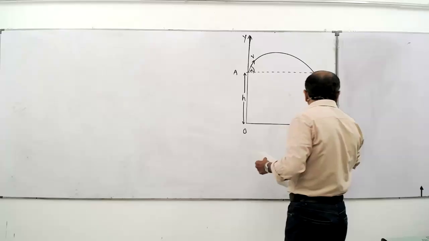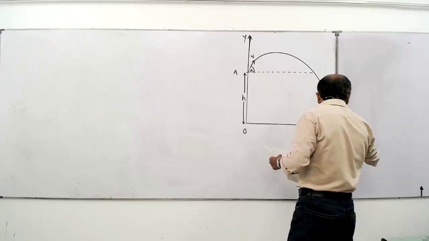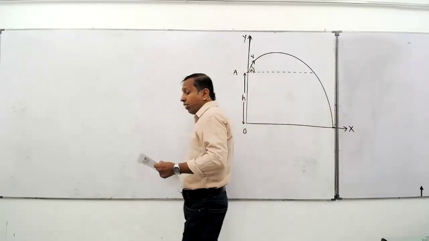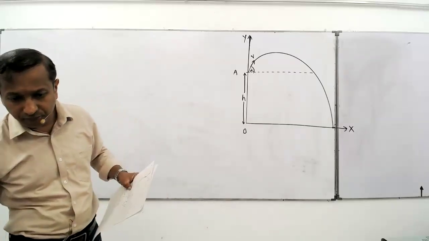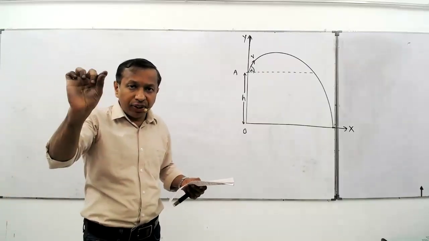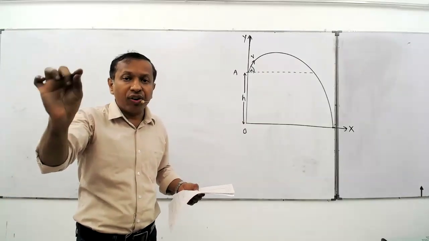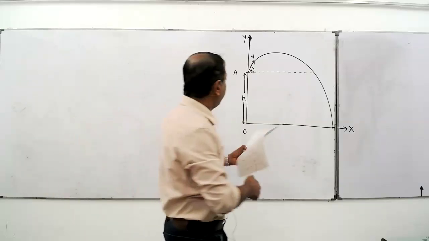Here is the x-axis and this is the y-axis. Correct. Asking about the path, right? What is meant by path? Path means we have to consider a point on the path with coordinates x, y, and obtain a relationship between x and y. That's the meaning.